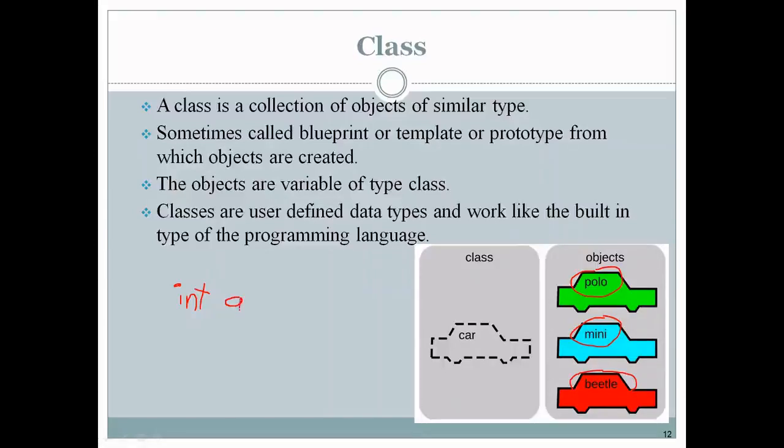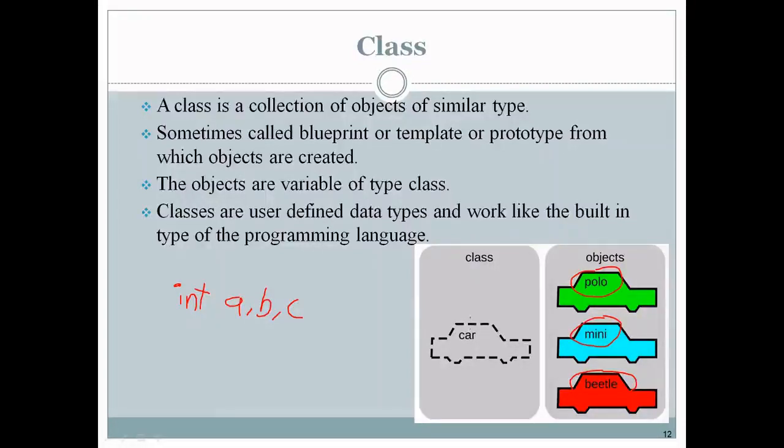You may say int a, b, c, like this. So you're creating the variables, that is a, b, c, of data type integer. So integer, here it is a type from which you're creating variables.